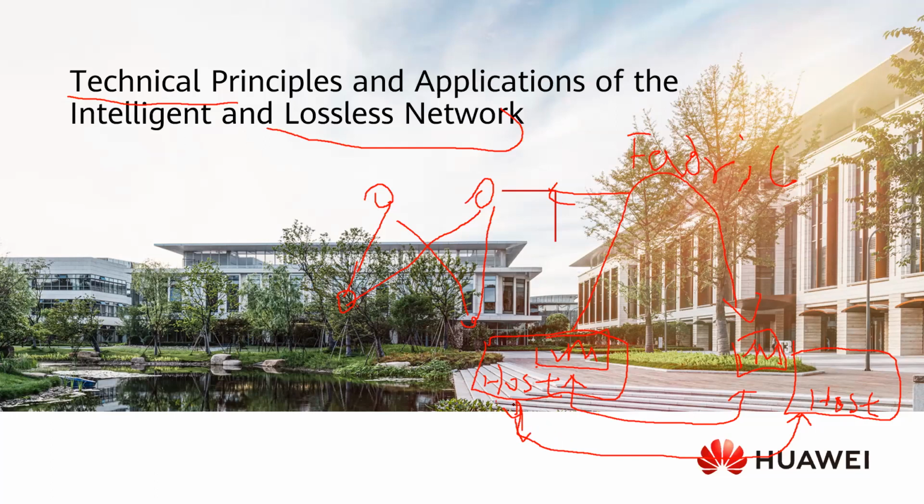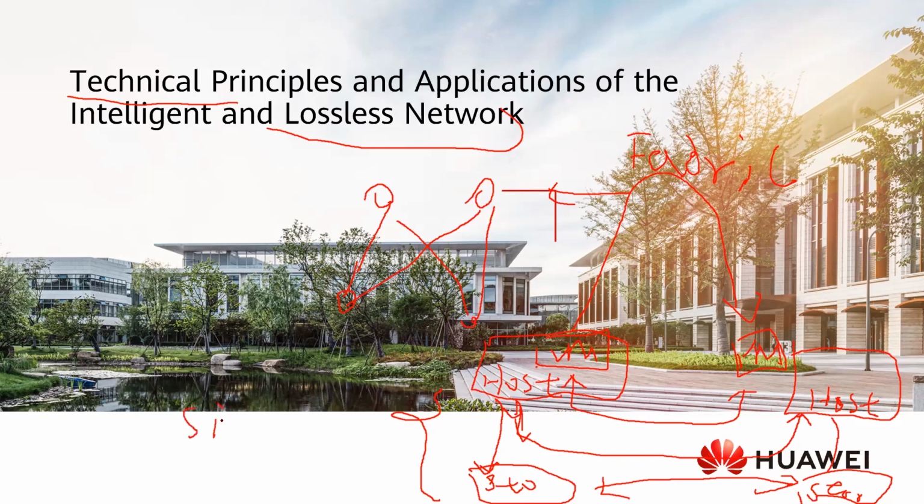All the hosts can communicate with the storage server. Here is a storage server. The host is connected to the storage server, and this host is also connected to the storage server. Or maybe the storage server is connected to the storage server. So from this part, we can see this network also uses the spine leaf architecture.